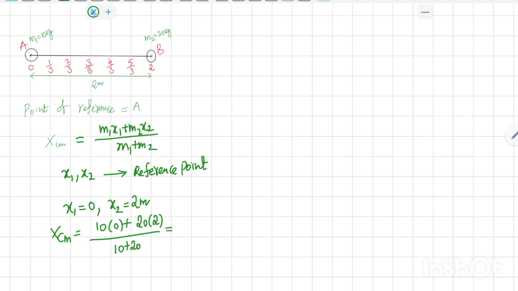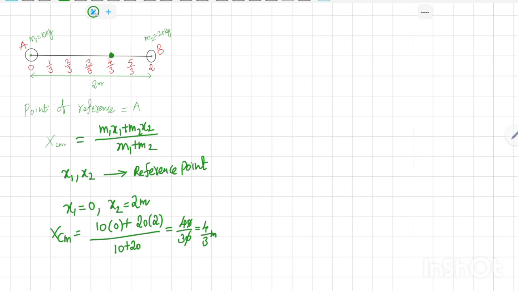It gives us 40 by 30, so it is 4 by 3 meters. So the center of mass we got here is 4 by 3 units from the origin or from the reference point.